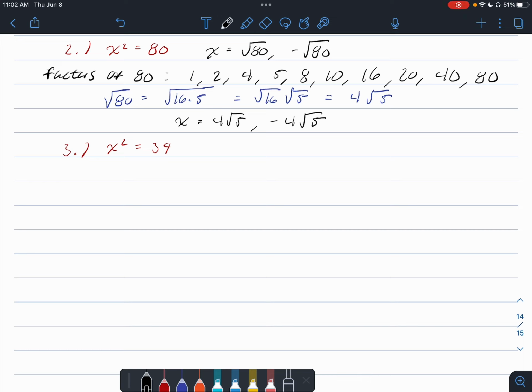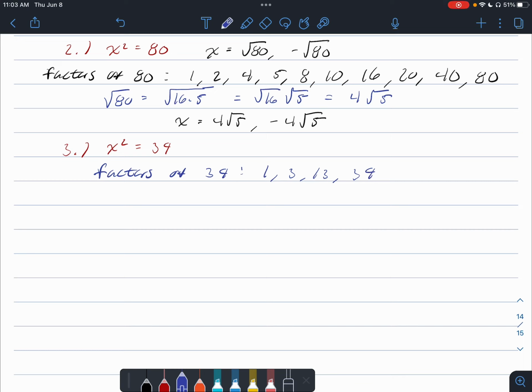In this case, what we'll find if we write the factors of 39, we'll have 1, 3, I believe 13, and I think that's it if we include 39.